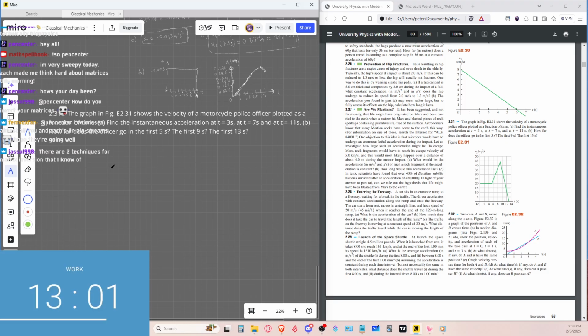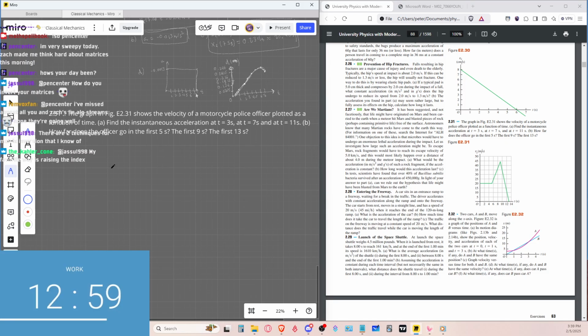There are 2 techniques for matrix inversion that I know of. Oh, my favorite way is raising the index. Like for a matrix or for a tensor? I know they're not the same, but in a way they can function the same way.